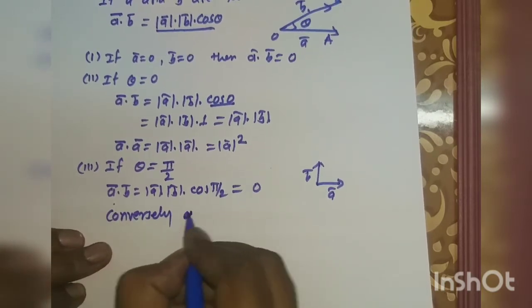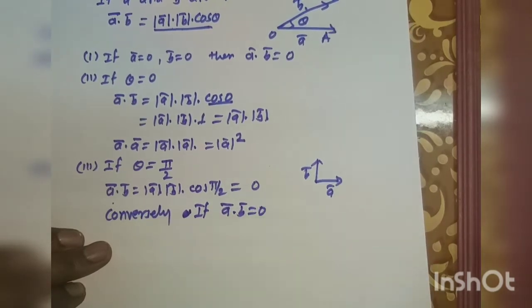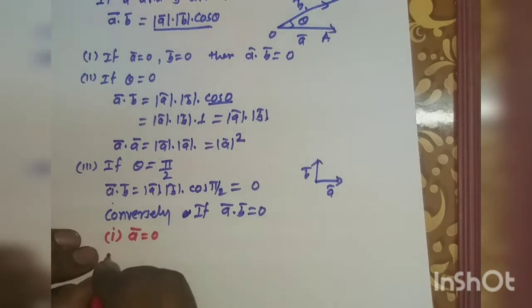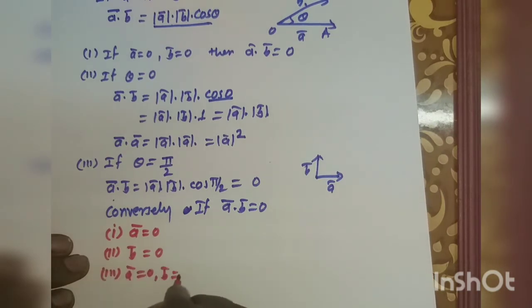Conversely, if a bar dot b bar is equal to 0, then there are four possibilities. First, a bar is equal to 0. Second, b bar is equal to 0. Third, a bar is equal to 0 and b bar is equal to 0.